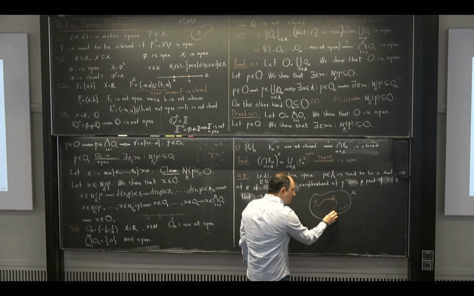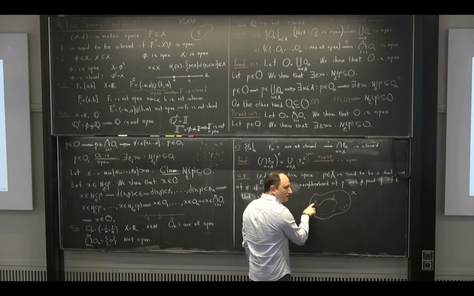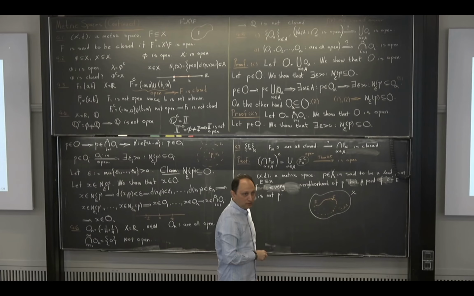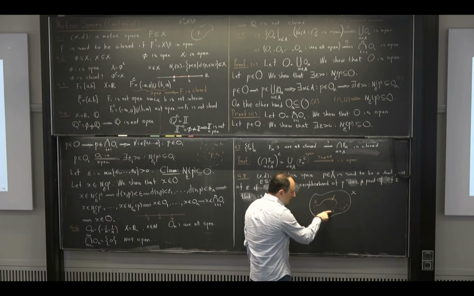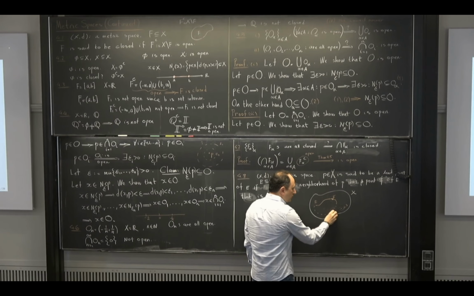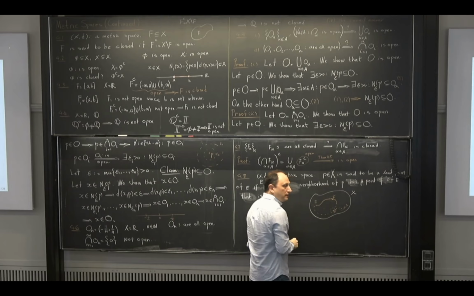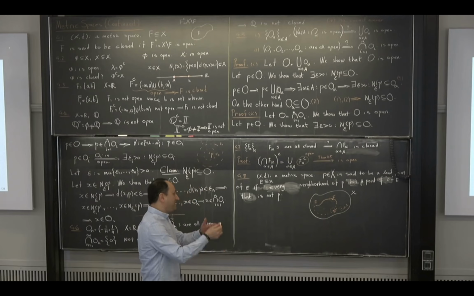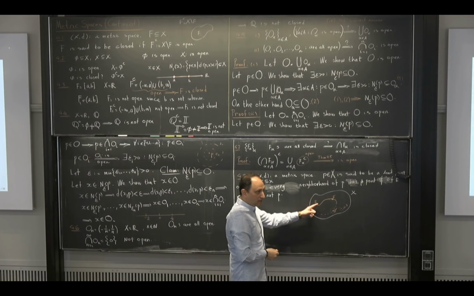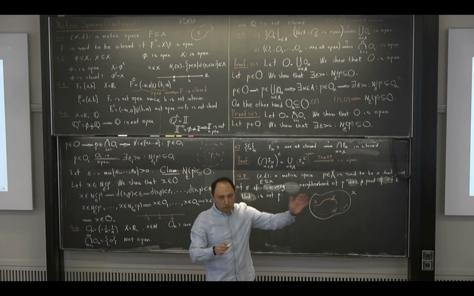But this point, is this point in my set? No, because it is dotted. But is this point a limit point? Still yes. Because if I draw every neighborhood around that, then I will have a point in the neighborhood which is not P itself. So the limit points are the points not necessarily in my set, but they cannot be very far away from my set.